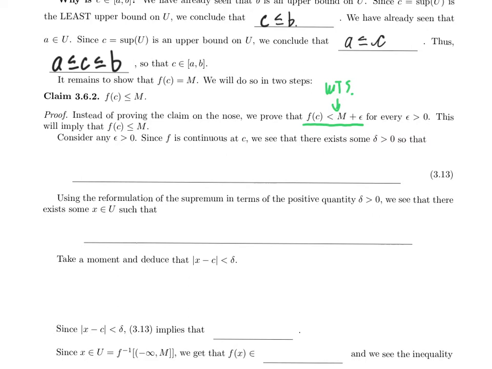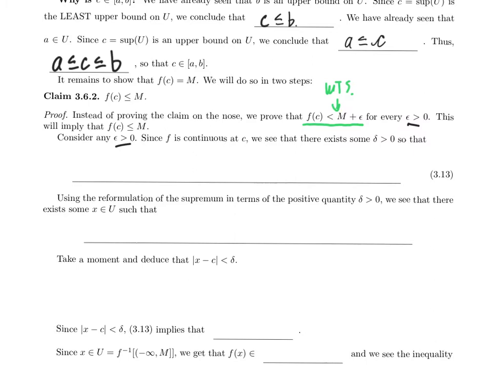Well, let's do it. So this function f is continuous at C. Well, I want to prove something is true for every epsilon, so I should start by considering any epsilon bigger than 0. This f is continuous. Well, continuity gives you a way of getting a delta out of an epsilon.